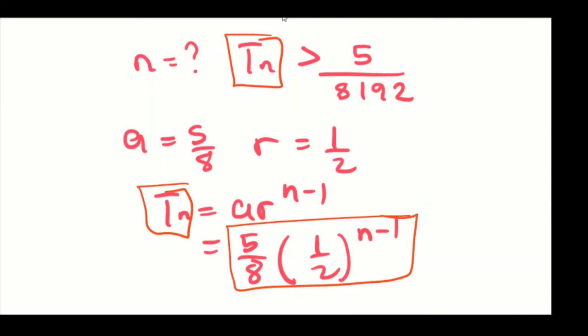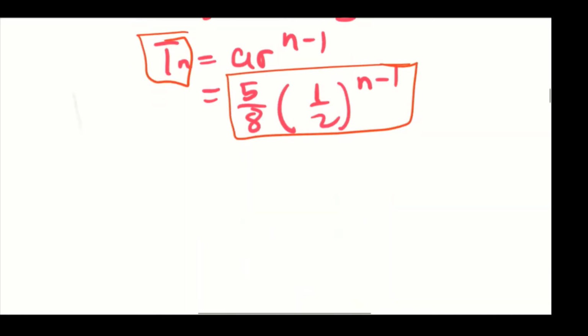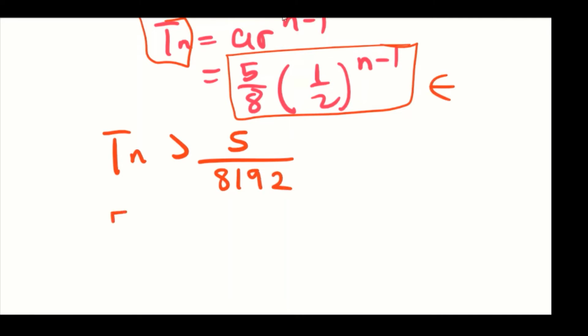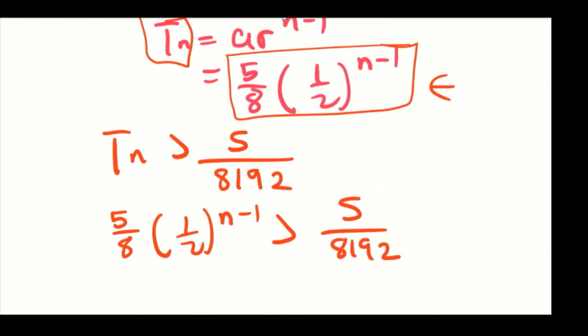Since Tn is greater than 5 over 8192, we write 5 over 8 times 1 over 2 to the power of n minus 1 greater than 5 over 8192.